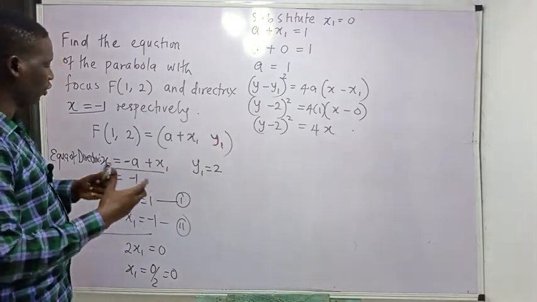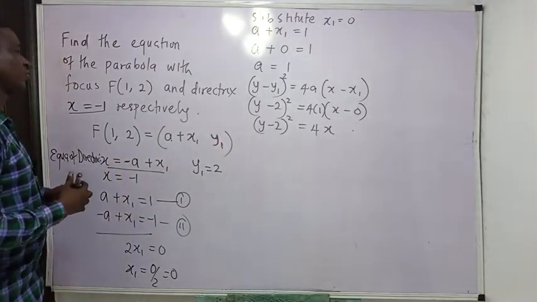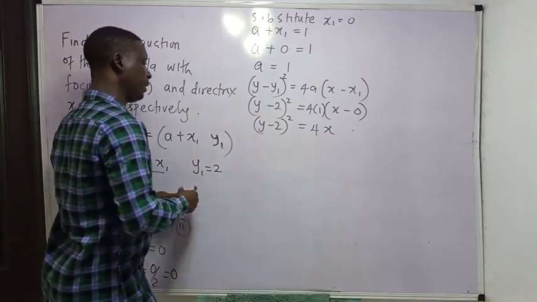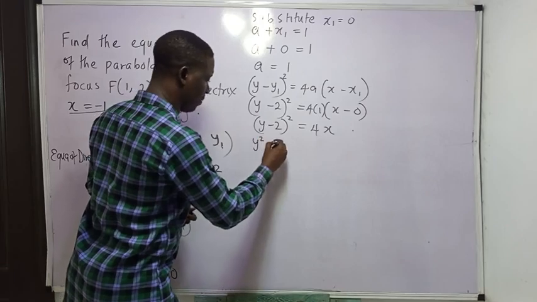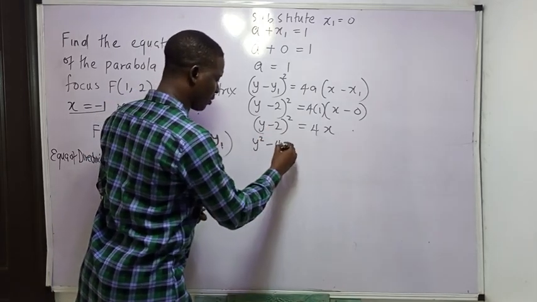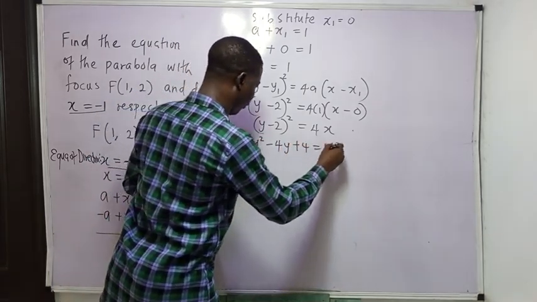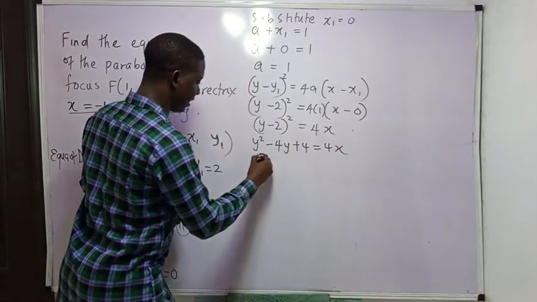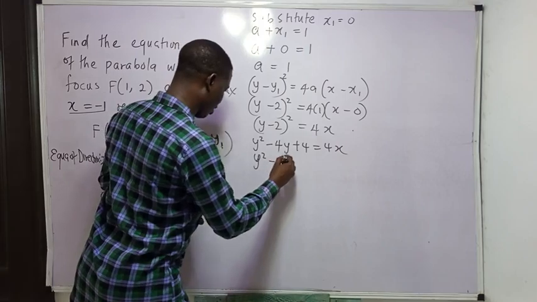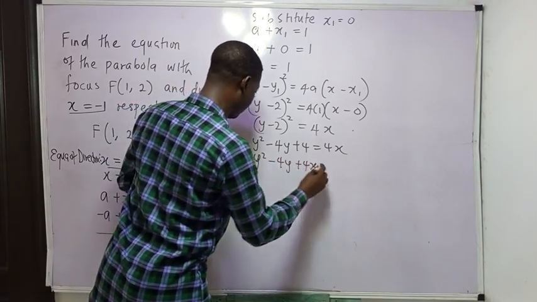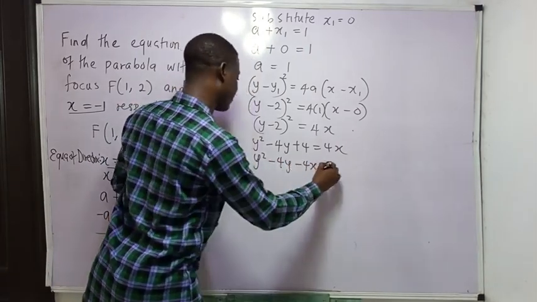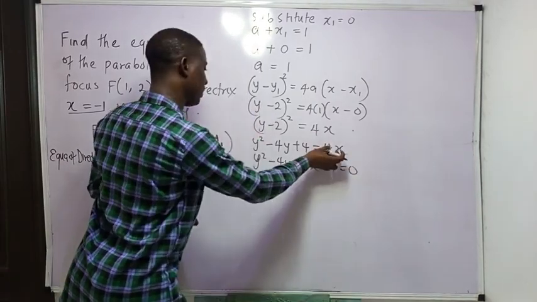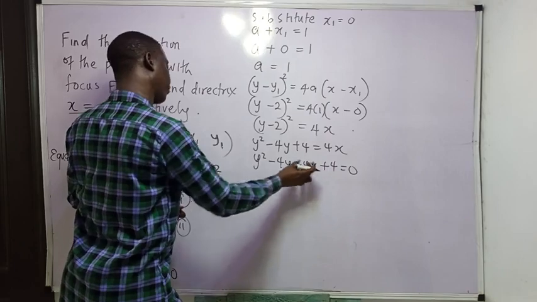But if you want to draw the diagram to see if we are correct, that means if you open it, y squared minus 4y plus 4 equal to 4x. And write it as y squared minus 4y minus 4x plus 4 equal to 0. That means take this one to this other side, it becomes -4x.